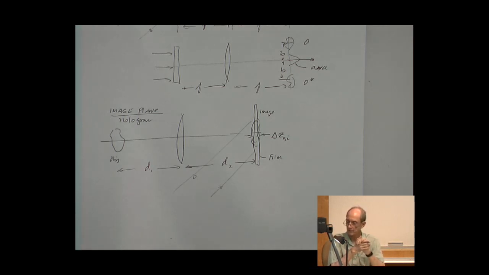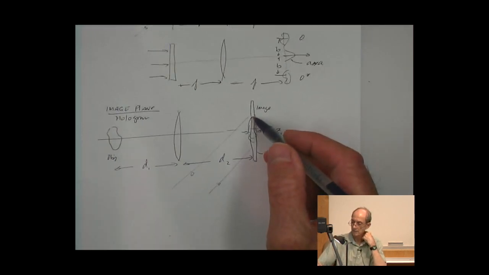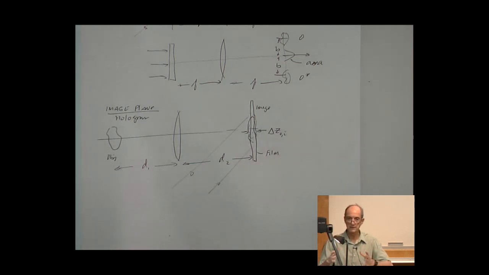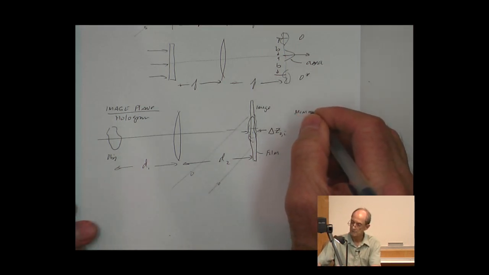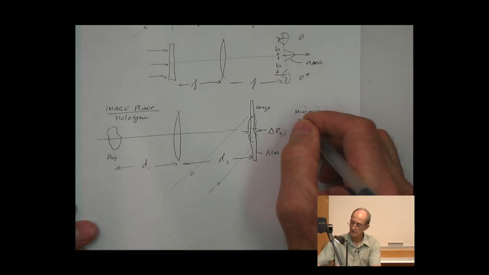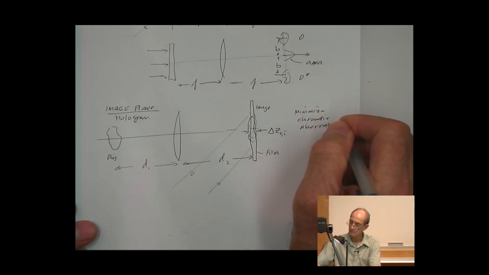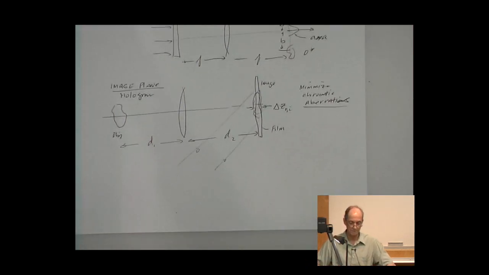So by straddling the plane of the hologram here with that image, that minimizes the extent or the distance of that object field that will be away from the plane of the hologram. And so by that, you're able to minimize the chromatic aberrations that we'll end up with, which can be rather severe, as we'll see.